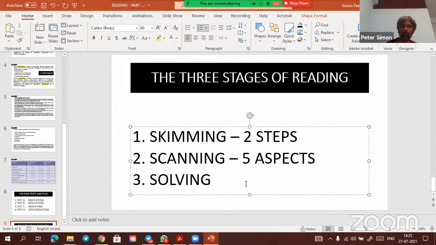Next, while solving, you have three steps or three measures you have to take. Okay, fine, that we'll see later. So scanning you have to do in the reading passage and reading questions, right?